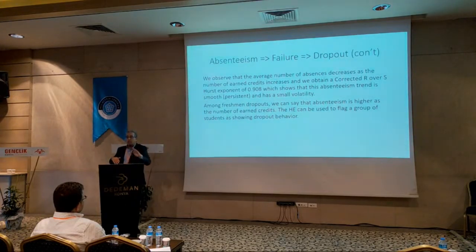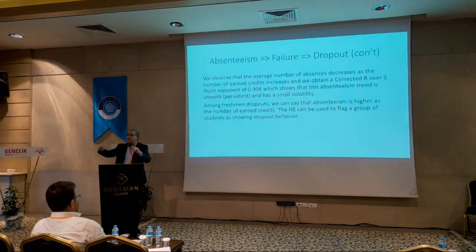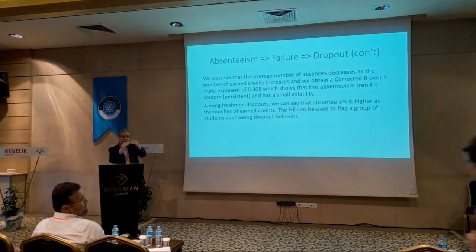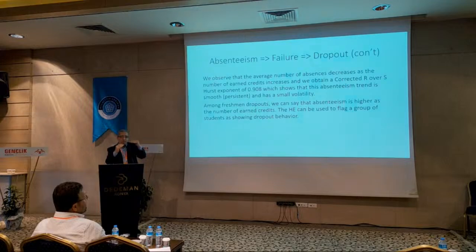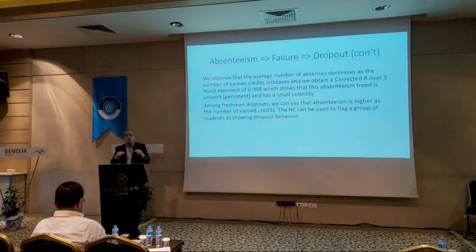It's either going down or going up as the number of earned credits goes up. So how do we know whether it's going up or going down? Just by visual, by plotting it, we see that it is going down as the number of credits increases. So with a Hurst exponent of 0.9, you can tell that there is a really good logical relationship between the number of absences and the earned credits for who? For students who drop out.